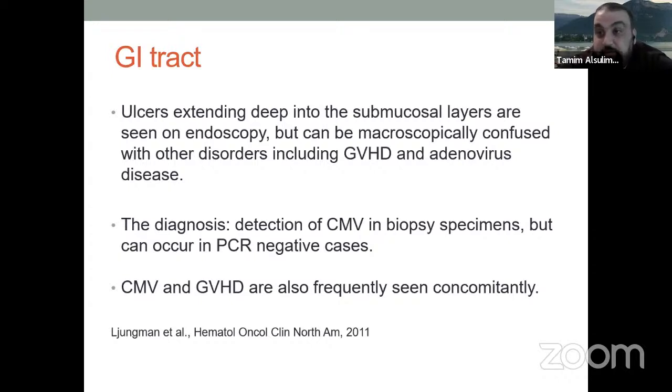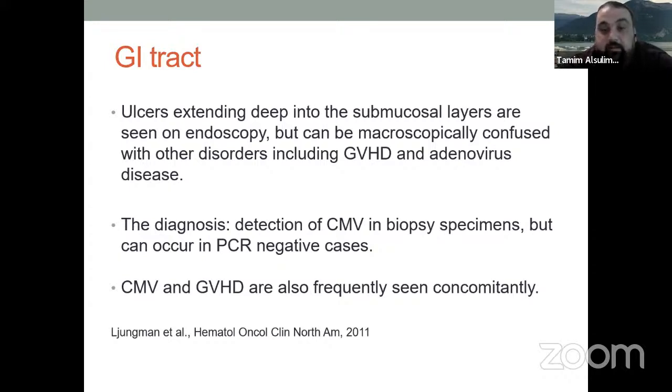So it's a good point to keep in mind. The diagnosis of CMV disease is about the detection of CMV in a biopsy specimen, and we cannot rule it out in PCR negative cases. For that, it's a little bit different from CMV pneumonia.